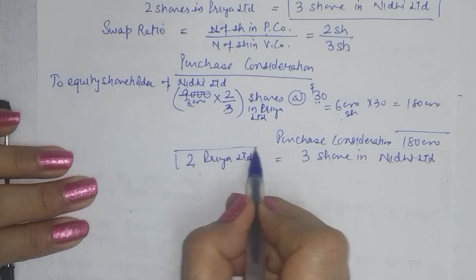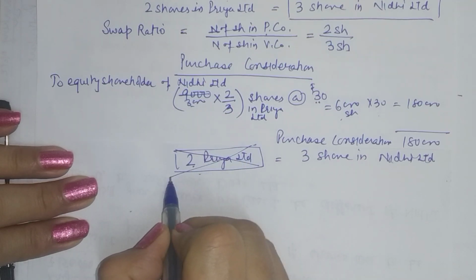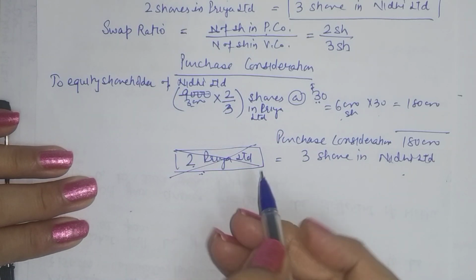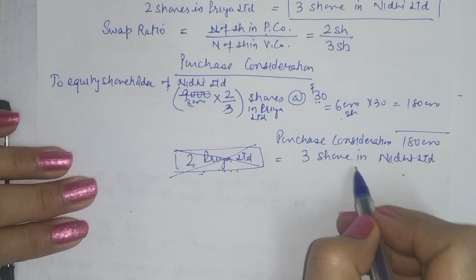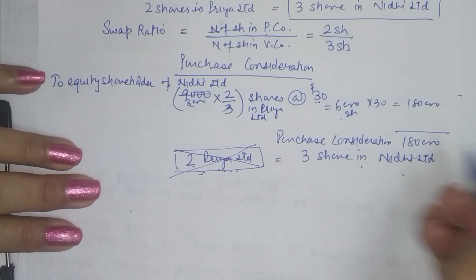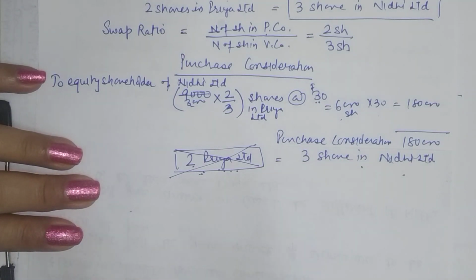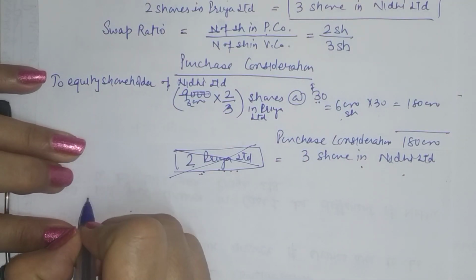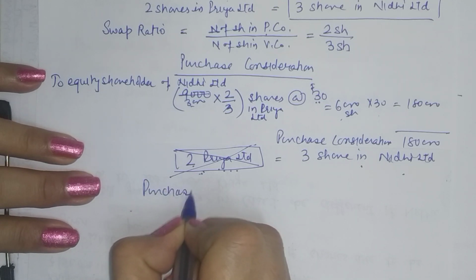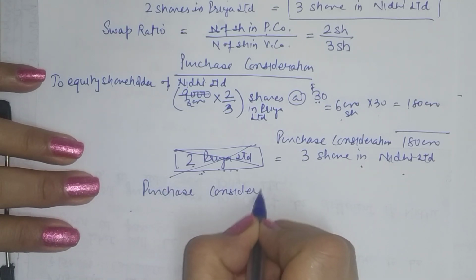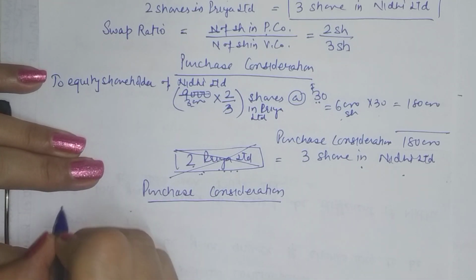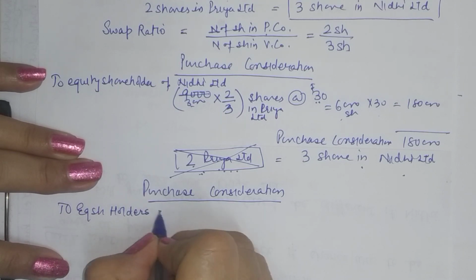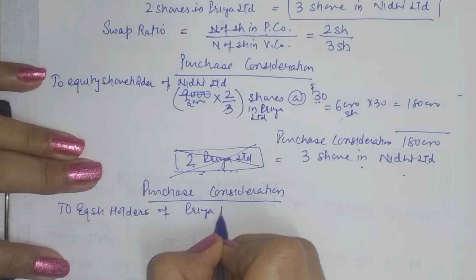ratio in a different manner. Since this company is to go, this is to be wound up, the shareholders of this company, Priya Limited, will get shares in Nidhi Limited, which means for every 2 shares held here, they will be getting 3 shares in Nidhi Limited. So now our swap ratio will be 3 shares in new company for 2 held. So we will be calculating purchase consideration as to equity shareholders of Priya Limited.